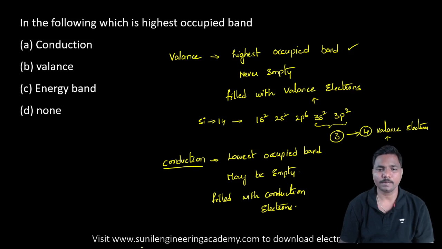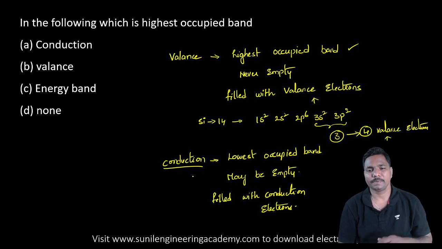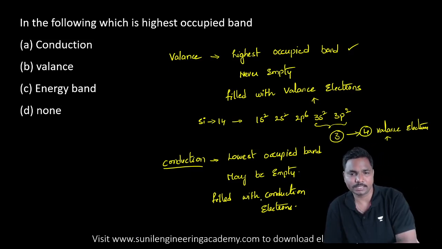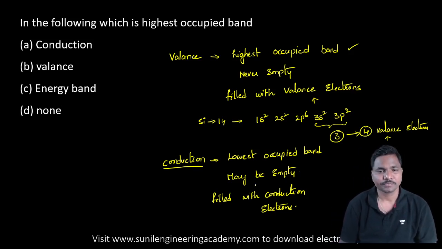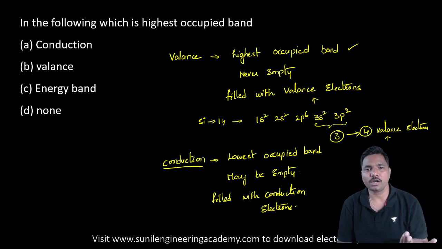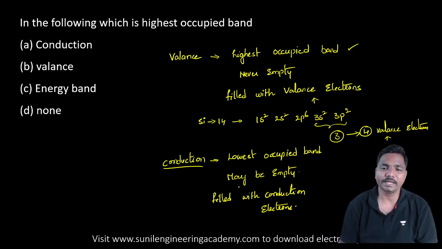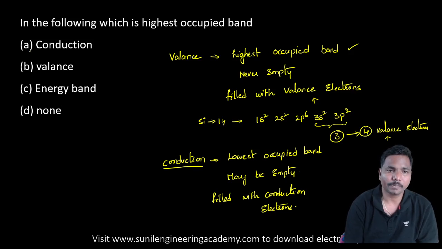For example, diamond does not participate in the conduction, that means it does not allow electricity. It doesn't have any conduction electrons, that means free electrons, so it may be empty. So the highest occupied band is the valency band, and the conduction band is the lowest.